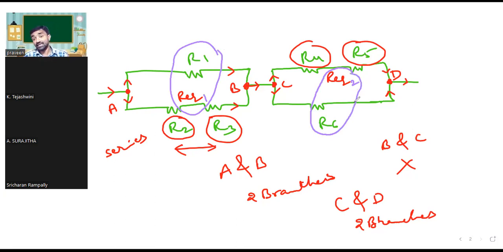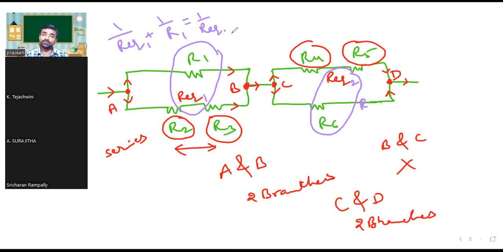Then they will give you an equivalent resistance again, right? So the first equivalent resistance and the second equivalent resistance. So the first equivalent resistance Req1 is in series combination, in parallel combination with R1. So you take reciprocals and find the equivalent resistance, called R equivalent in loop 1.